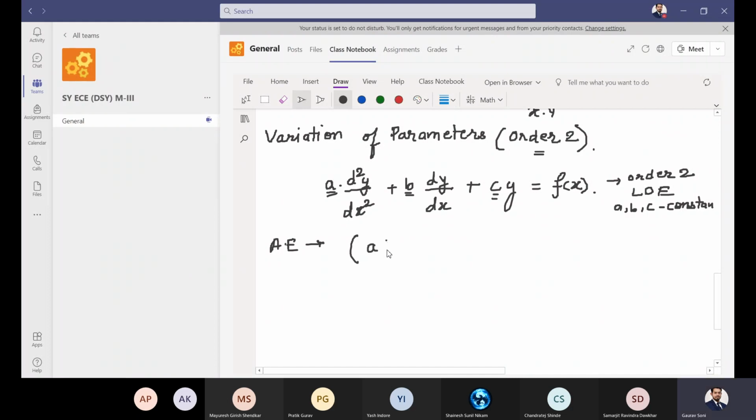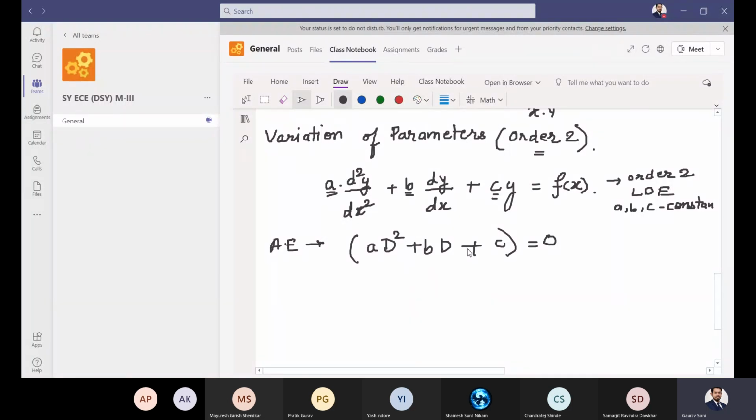So we have A into D square plus B into D plus C equal to 0. In the auxiliary equation we know that d by dx you put as capital D and you solve it. And now we will find out the roots.